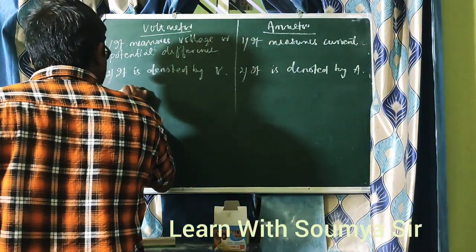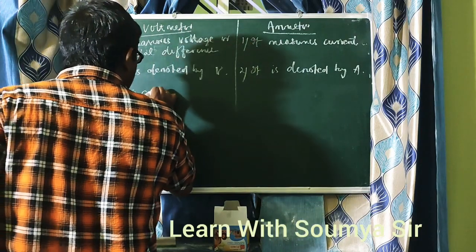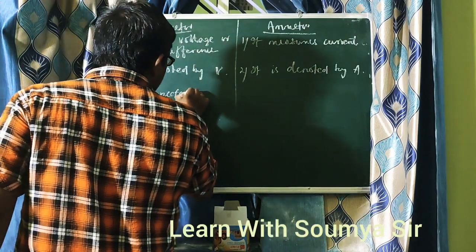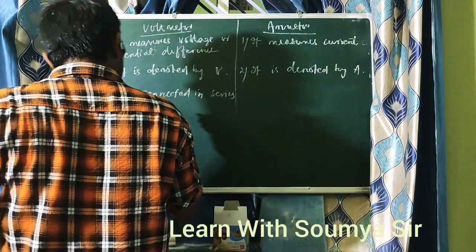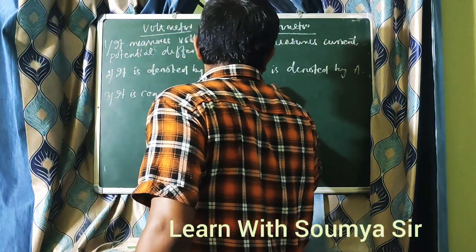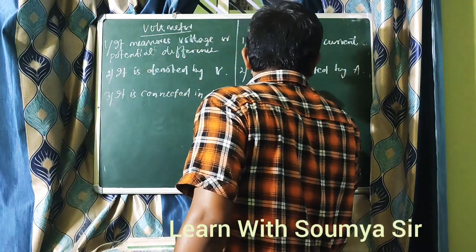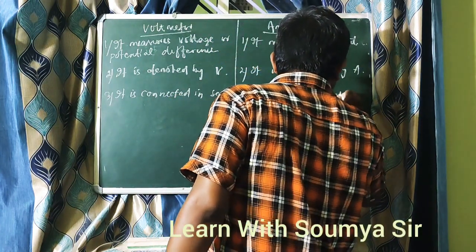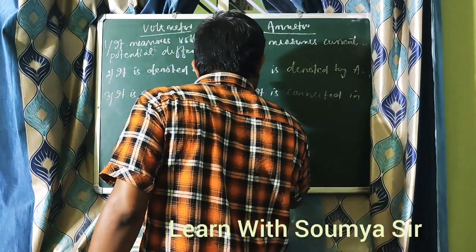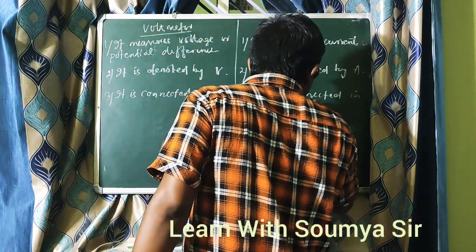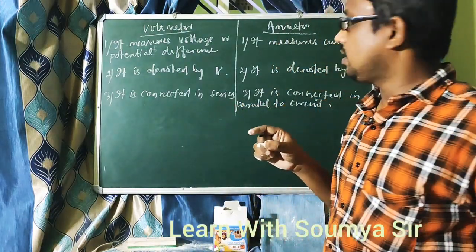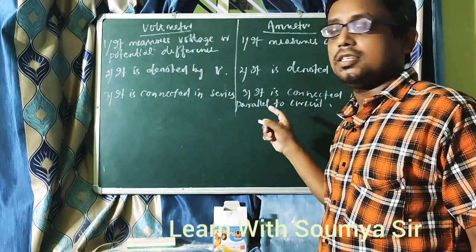Number 3, voltmeter is connected in series, and number 3, ammeter is connected in parallel to the circuit.